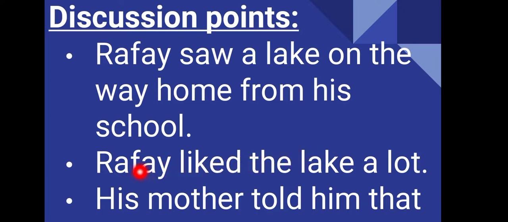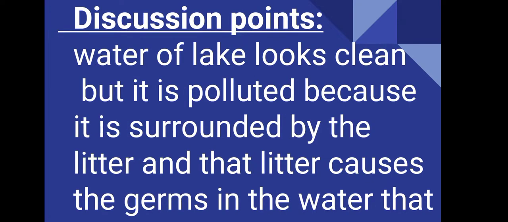Third one is this, that his mother told him that the water of the lake looks clean, but it is polluted because it is surrounded by litter, and that litter causes the germs in the water.